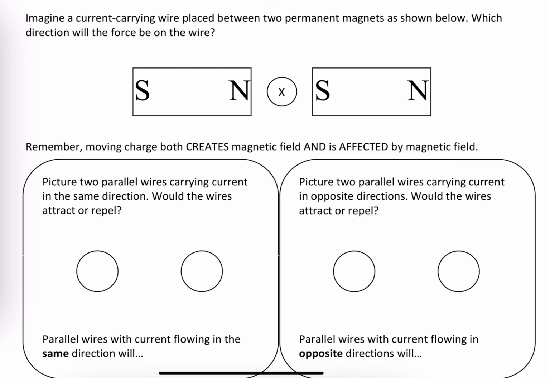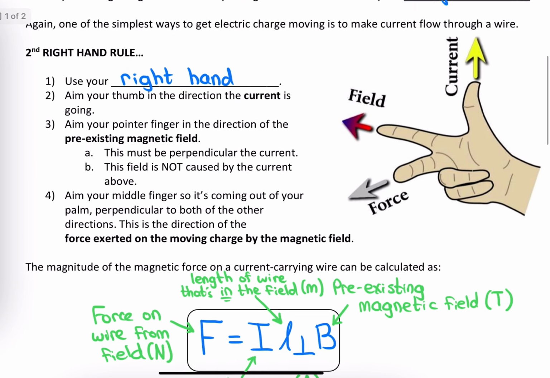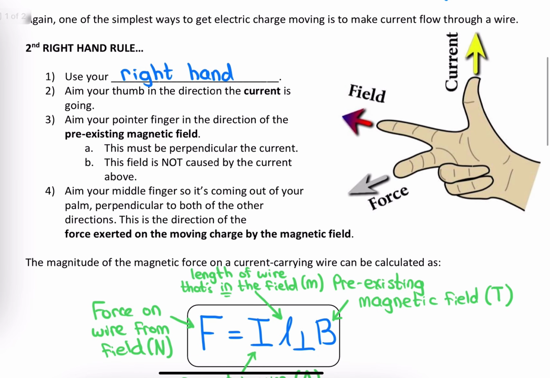Okay, so if we're going back to our second right-hand rule, which is the relevant rule when I have current in a magnetic field feeling a force, let's recap what the key points are. I've got an already existing magnetic field. Finger goes in that direction.